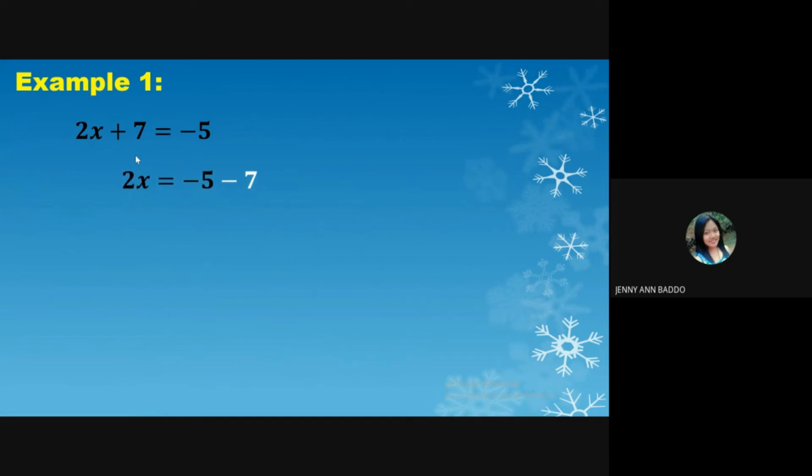So we now have 2x equals negative 5 minus 7. So we have 2x equals, combine negative 5 and negative 7, that's negative 12. Divide both sides by 2 to solve for x. So we have x because 2 divided by 2 is 1 times x is x. And negative 12 divided by 2 is negative 6. Or we simply have to cancel 2 here. So we have x equals negative 6.